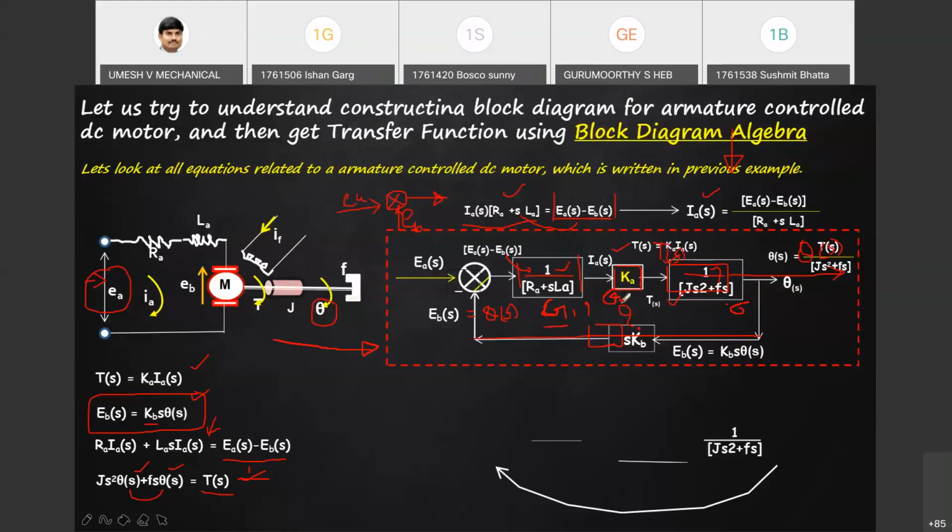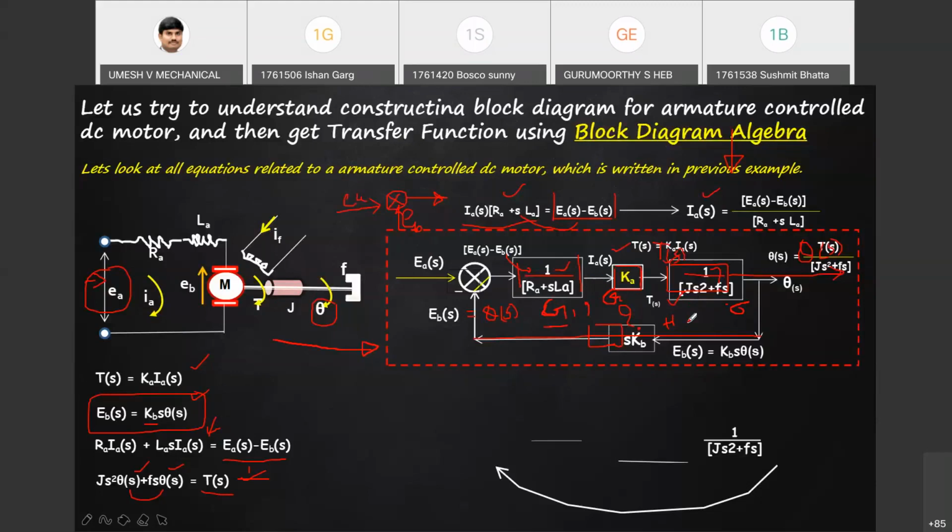That depends upon the system taken. Like this, here if I write G1, here G2, here G3, here H1, for this problem I know the values of G1, G2, H1 and all. For other problems, we don't worry about what the values are. We directly write it.